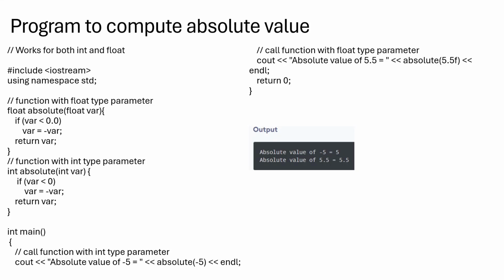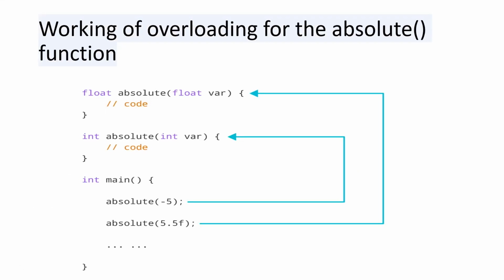Now we calculate the integer type absolute value of -5, and also in float. It removes the minus and keeps the absolute value as output: 5 and 5.5. 5 is for the integer, and if we declare a float, it gives 5.5. So this is a simple explanation of float absolute with float var.